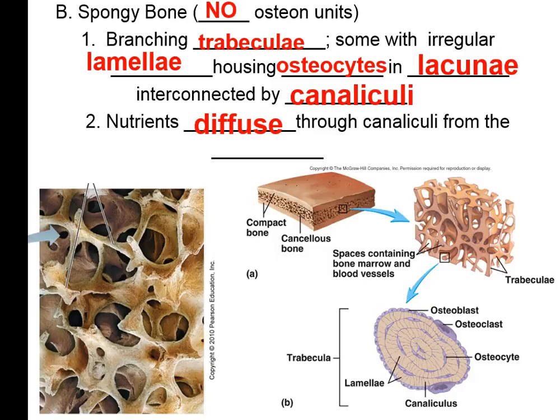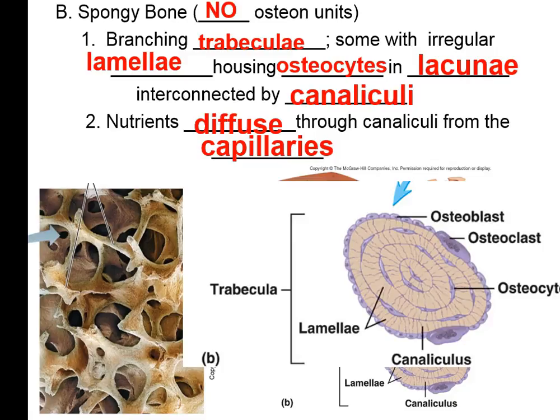And also notice what's missing is the central canal. Since these trabeculae are so small, the blood can actually diffuse from the spaces into the trabeculae through the canaliculi and not have to have that central Haversian canal that houses the blood vessels. Simply by diffusion, we're going to diffuse from outside to the inside.